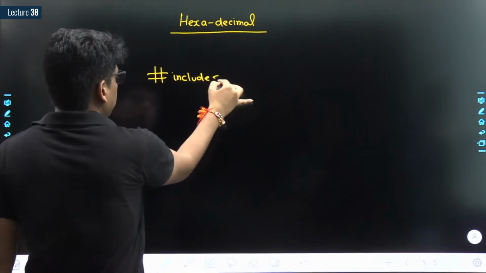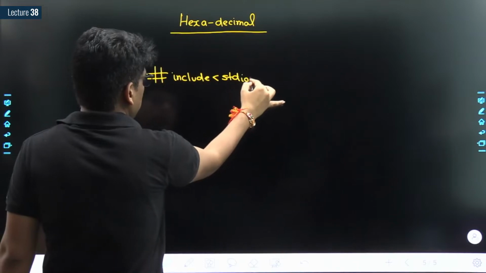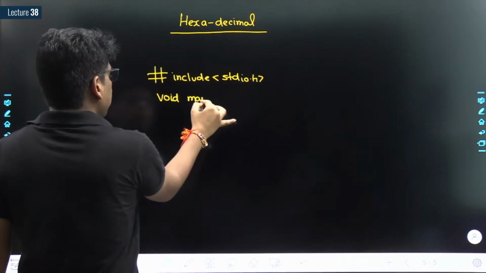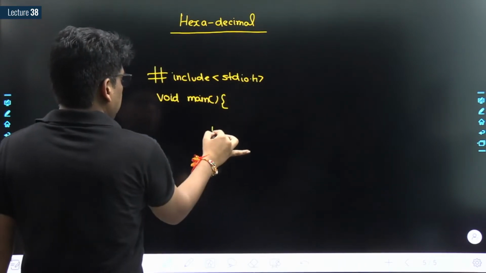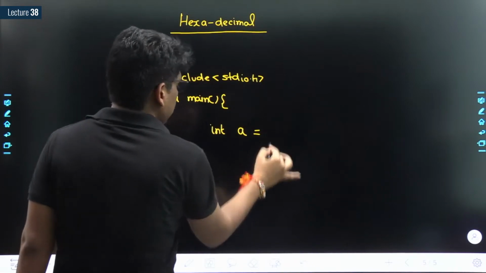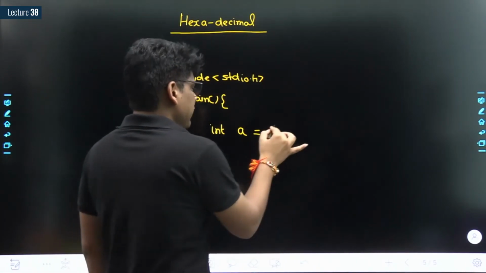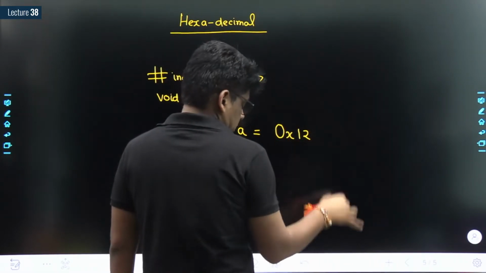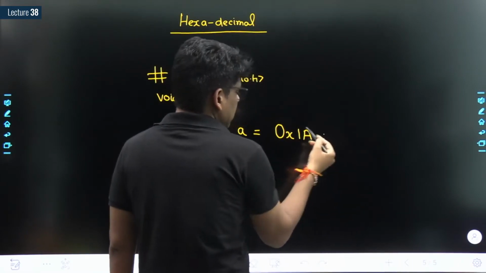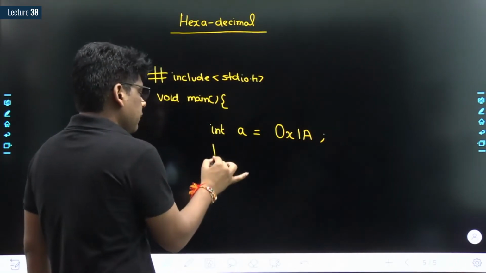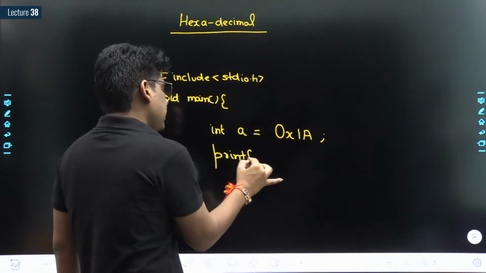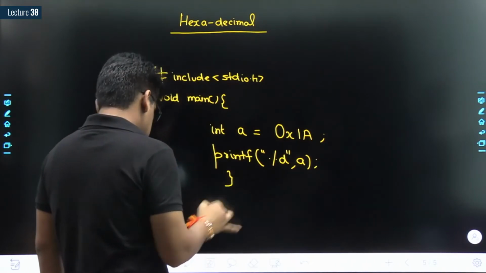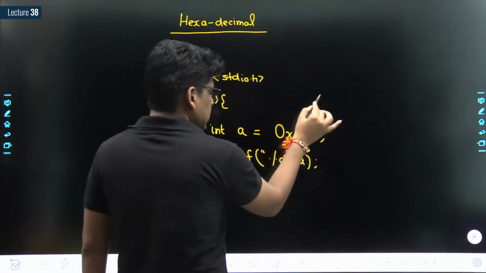#include <stdio.h> void main, sir, int a, sir, just prefix it with 0x. Let us suppose I write 0x1a; printf("%d", a); Sir, this is the prefix.